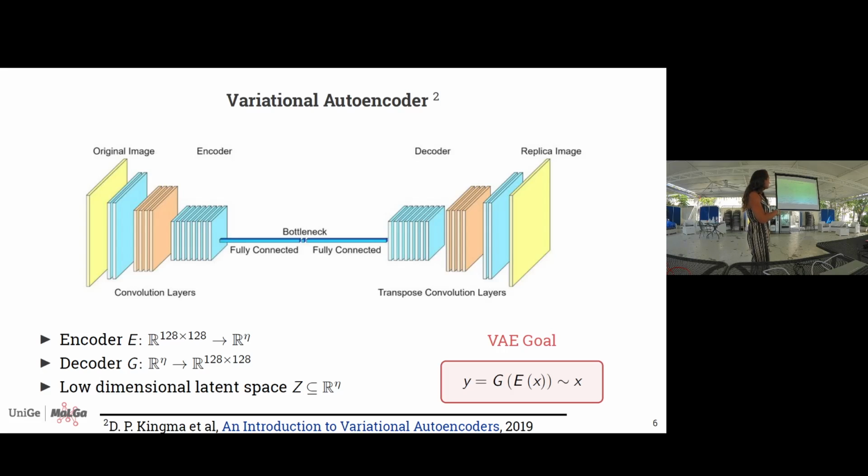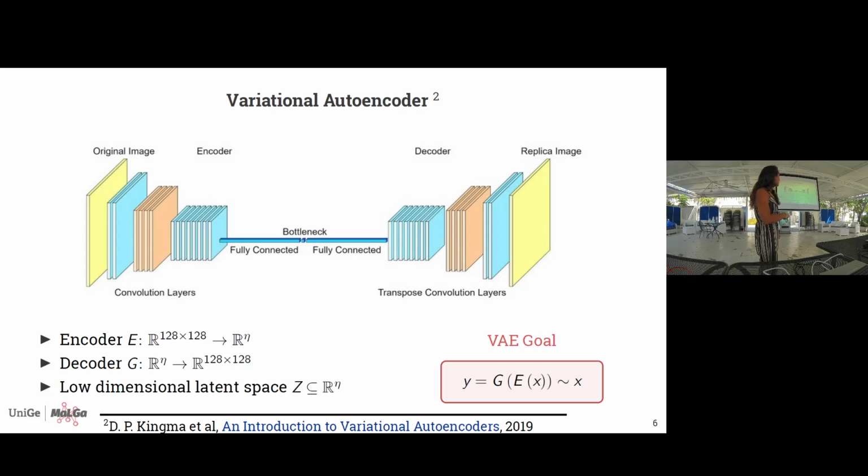This space here is called the low-dimensional latent space, and it is low-dimensional because we chose this eta here very small, because we want first to compress an image and then to expand the image in order to obtain a replica image that is as similar as possible to the original one.